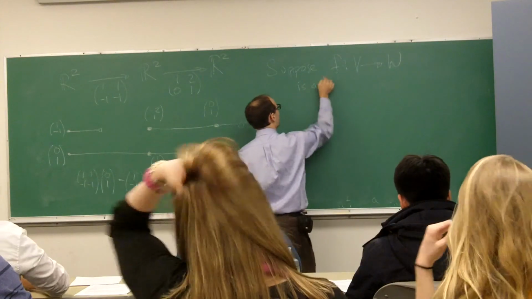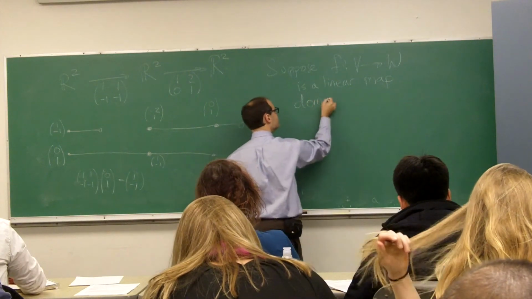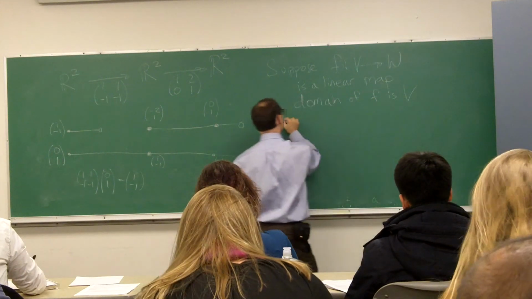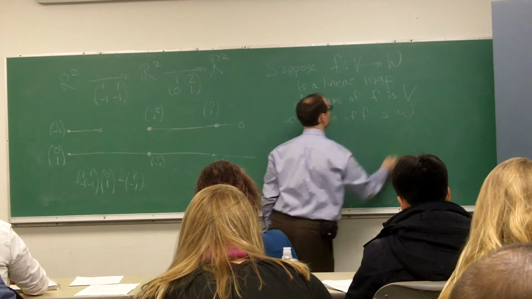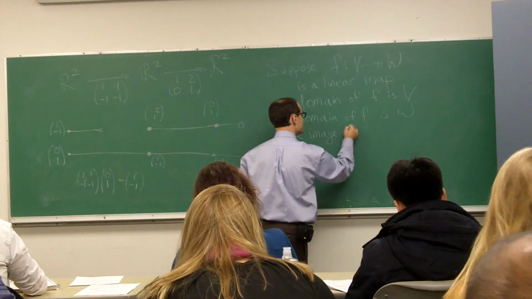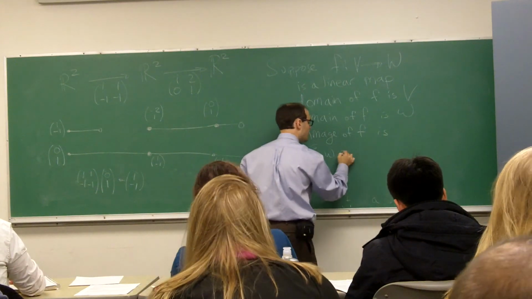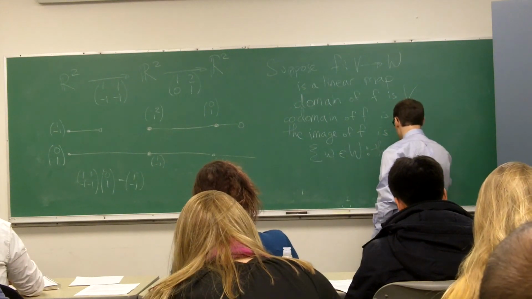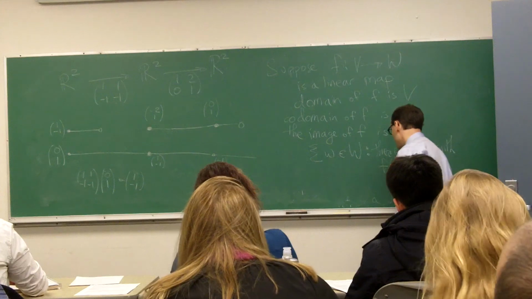Suppose F is a linear map. The domain of F is V. The codomain is the entire space W. The image of F is the set of all w in W such that there is a little v in V with F of little v equal to w.